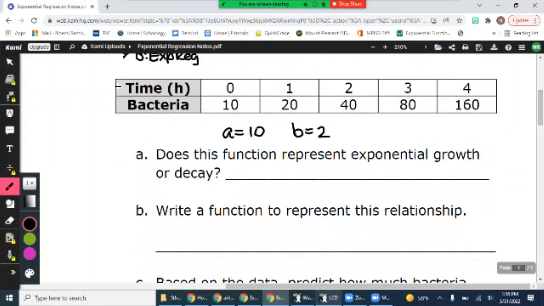It's B. B is your factor. And if B is greater than 1, that represents what? Growth.